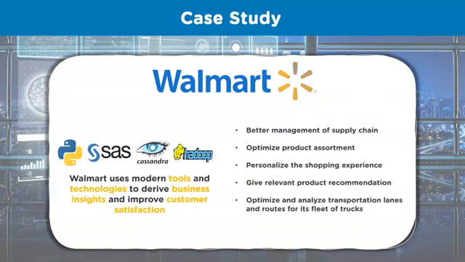Using all these technologies and data analysis techniques, Walmart can better manage its supply chain, optimize product assortment, personalize the shopping experience, give relevant product recommendations, and finally, optimize and analyze transportation lanes and routes for its fleet of trucks.